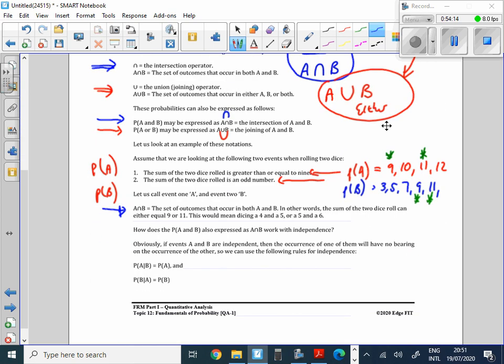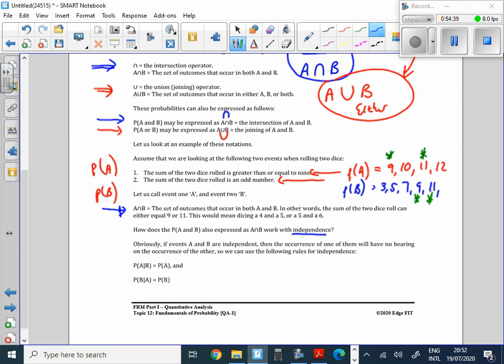And how does this help when we talk about things like independence? If events are independent of each other, they have no bearing on the occurrence of each other. In other words, there's no link between how the different events might occur.